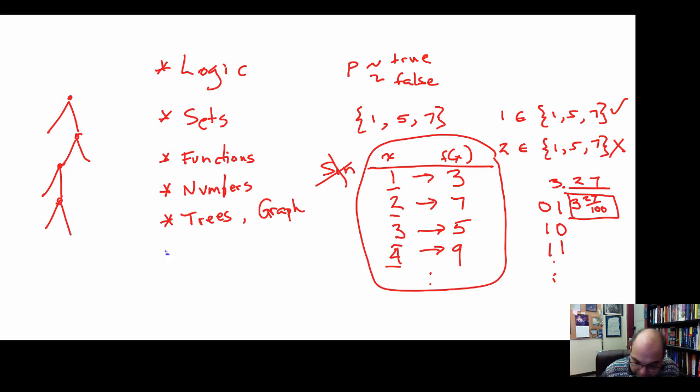We're going to look at counting. And counting sounds like a really easy problem. 1, 2, 3, 4. But actually, counting can be very, very subtle. And we might, for example, be interested in something like this. Let's say that we have a board to play tic-tac-toe.